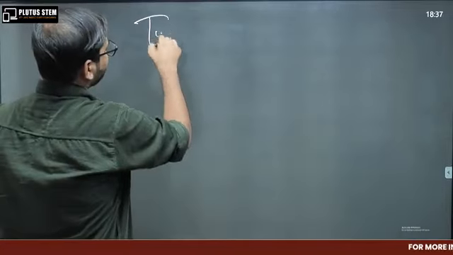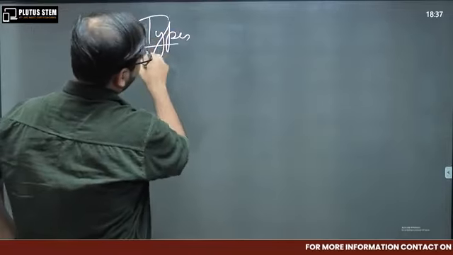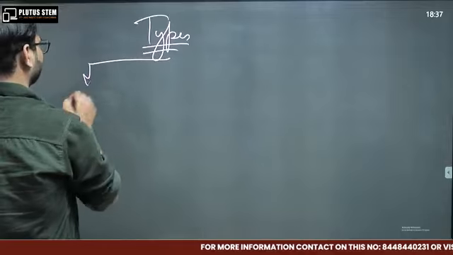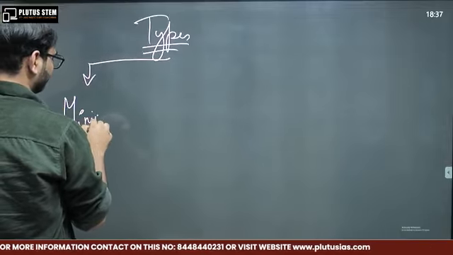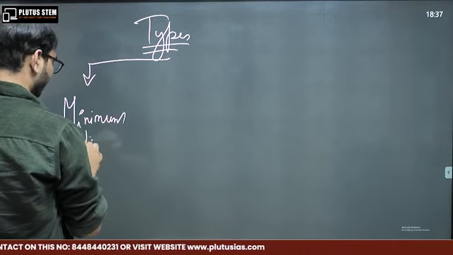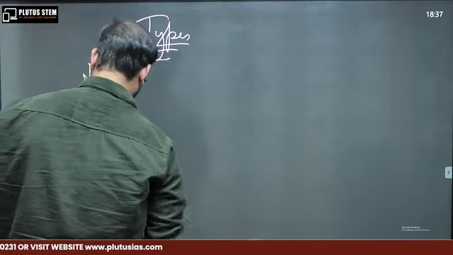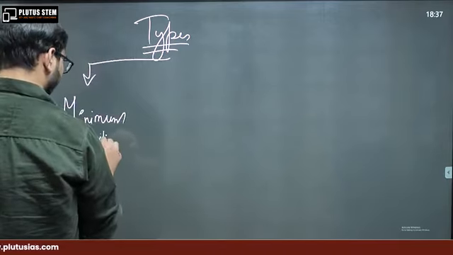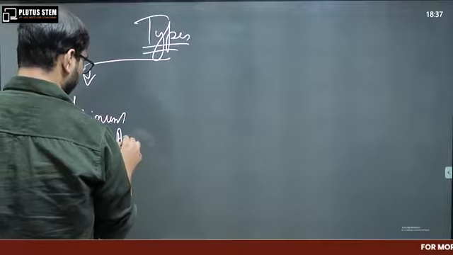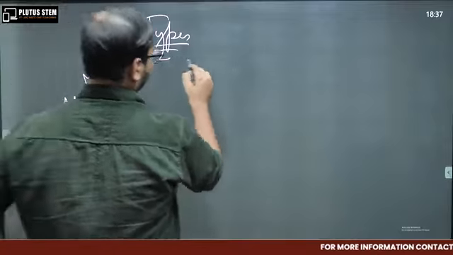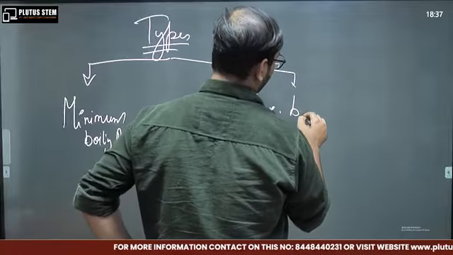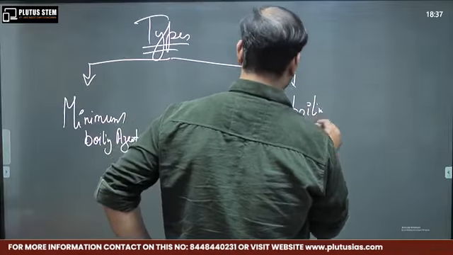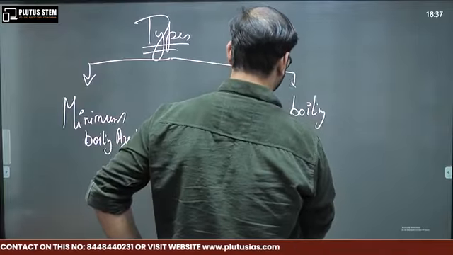Let's talk about the types of azeotropic mixture we have. The first one is called minimum boiling azeotropes. And then we have maximum boiling azeotropes.